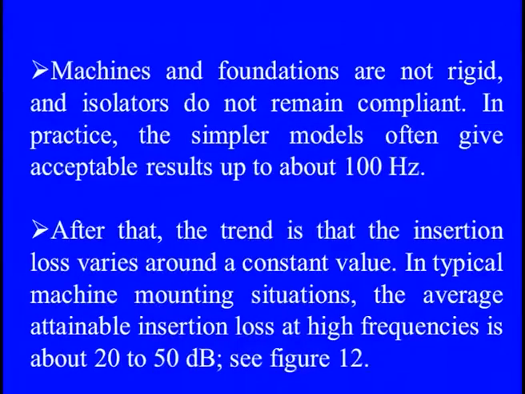When we model these things using a simple model with lots of assumptions, the acceptable frequency range is almost near 100 hertz. The trend of these insertion losses always varies around a constant value.